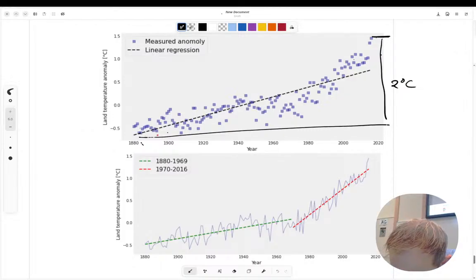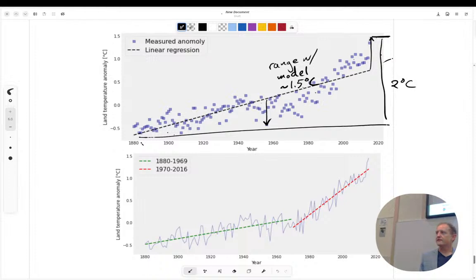Versus if I look at the biggest distance, this is the lowest from my line and the highest from my line. This one's about half a degree and that one's about 1 degree, so about 1.5 degrees. We reduce the variation by half a degree because we said it's a straight line.